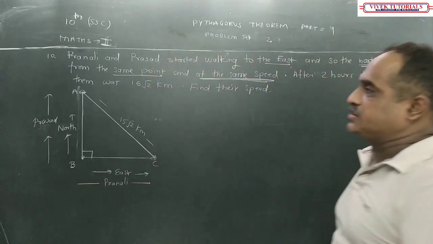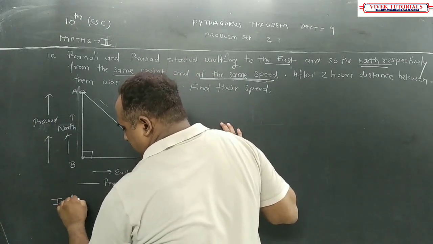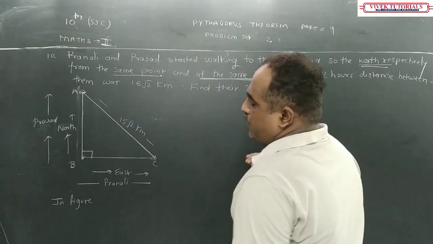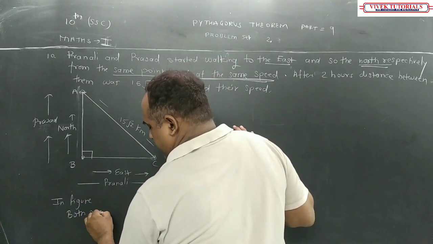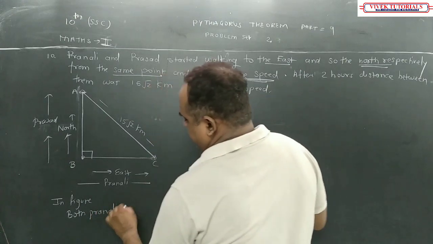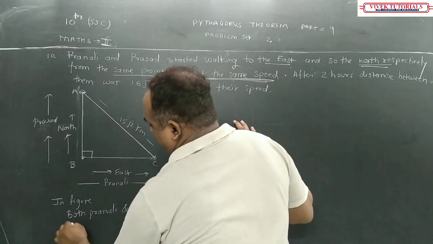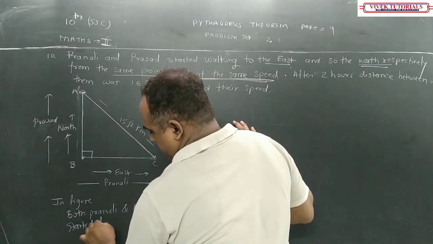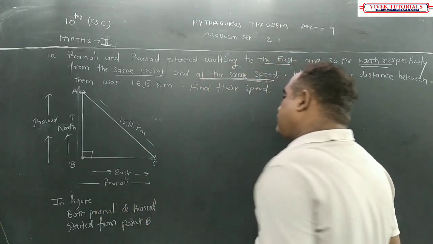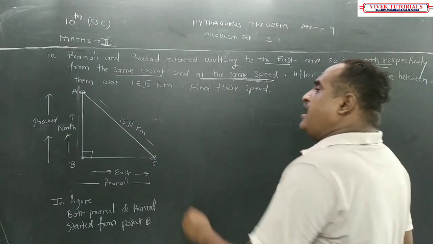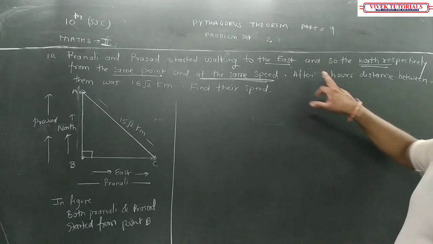Have you understood this? So, now we are going to explain the figure. In the figure, both Pranali and Prasad started from point B. But they have given the time, and this is the distance.